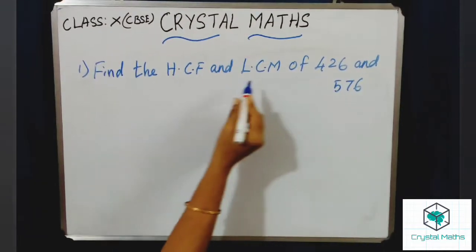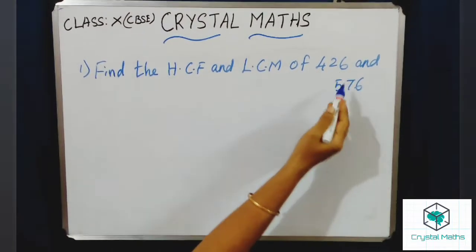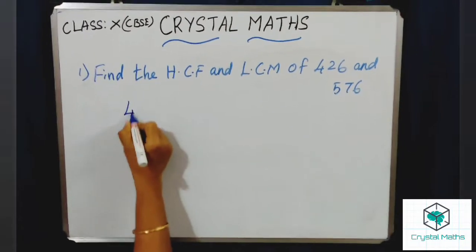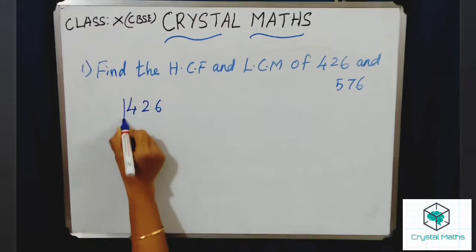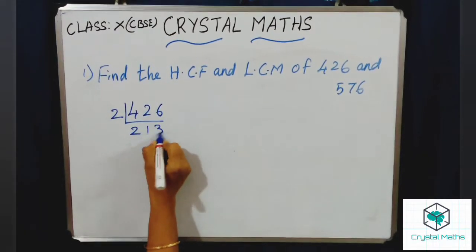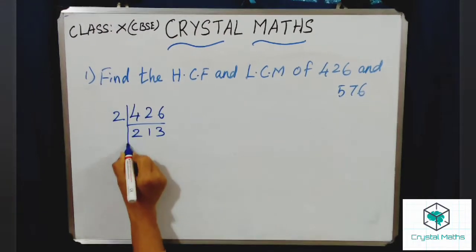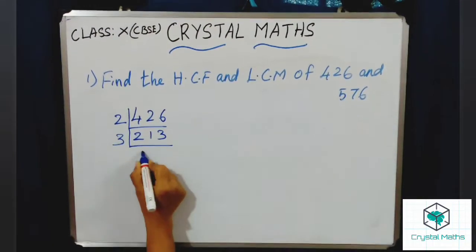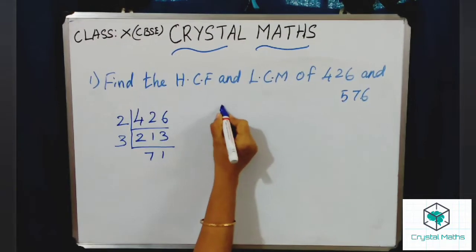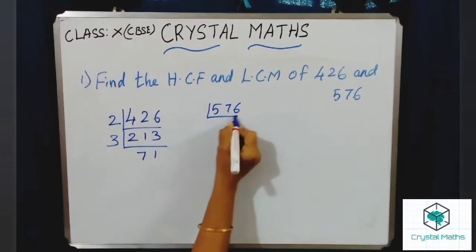Find the HCF and LCM of 426 and 576. Let us factorize 426. Divide by 2, you are getting 213. Again, it's divisible by 3. So, divide by 3, you are getting 71. Next, factorize 576.